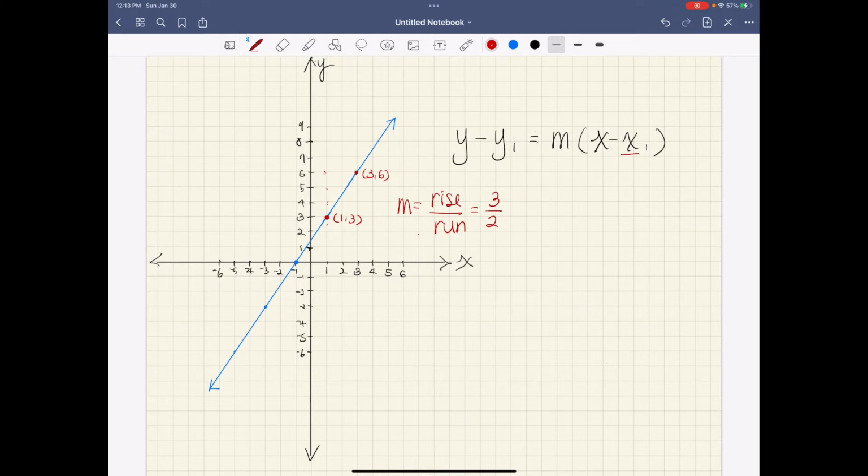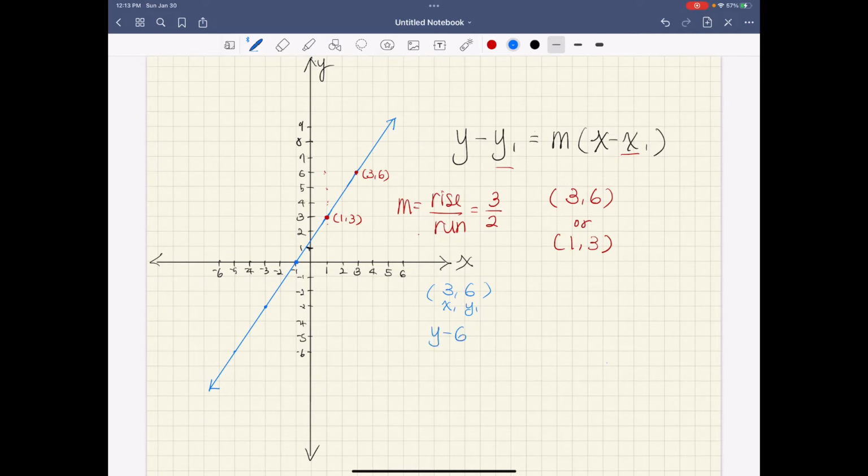Now, you need the point. You can use either 3, 6 or 1, 3. So if I use 3, 6 first as x1, y1, now write this into point slope form.